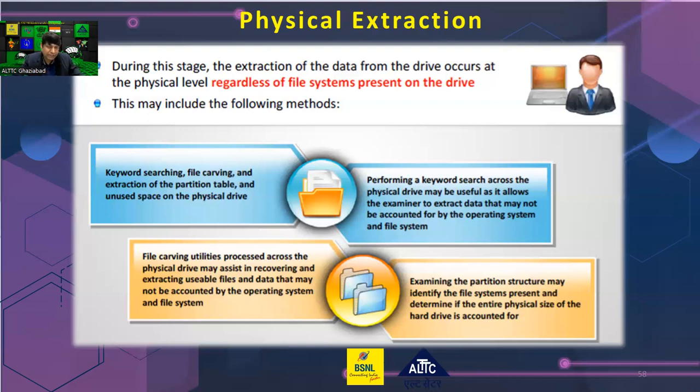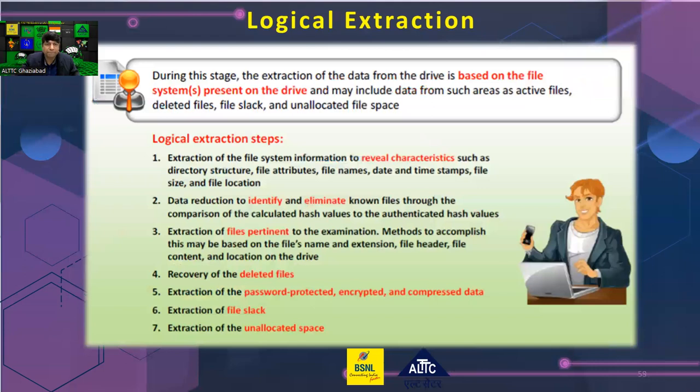File carving utility processes across the physical drive may assist in recovering and extracting usable files and data that may not be accounted for by the operating system and the file system. Examining the partition structure may identify the file system present and determine if the entire physical size of the hard drive is accounted for. Now, logical extraction.